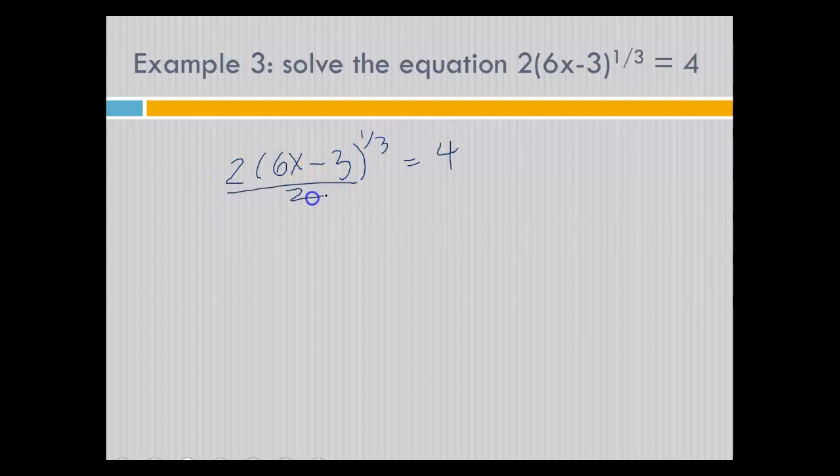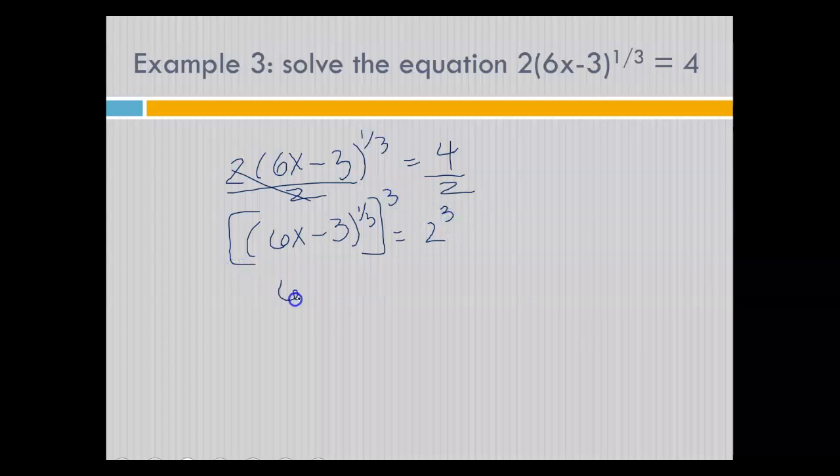Divide by 2. You get the cube root of 6x minus 3 equals 2. So 6x minus 3 equals 8, because 2 cubed is 8.